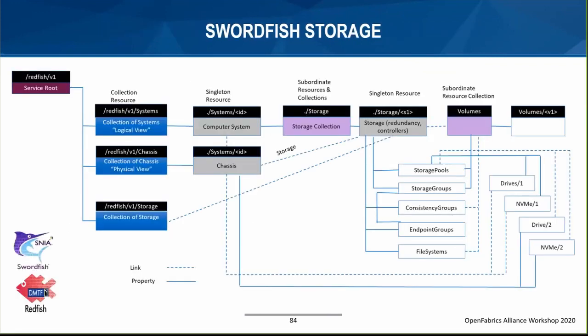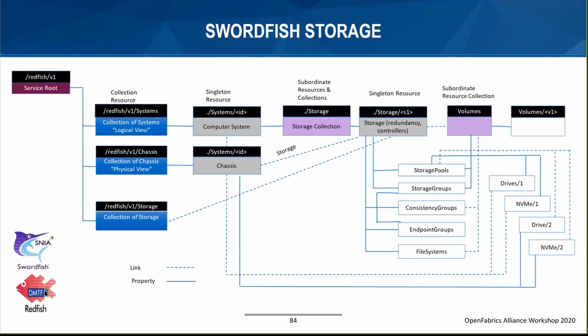Yeah, hello everybody. So, the picture on the slide we are seeing is a storage model with Swordfish, and like we can see that there are some words saying REDFISH, and then there are a lot of storage components here. So, like Phil mentioned, Swordfish builds on REDFISH.